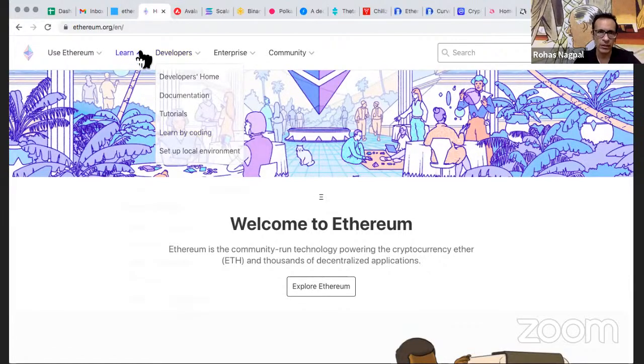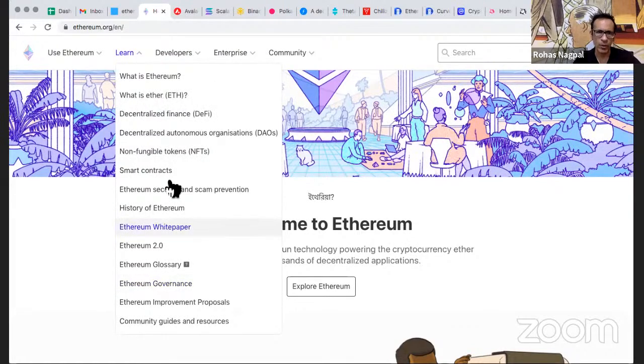They've got a nice learn platform also where you can understand everything about it. It's very important for all of you to know how Ethereum works, because it is still the most popular DeFi platform, and it's probably going to be there for a very long time. So I want all of you to know it, so that whenever you are developing a use case for a client, you should be able to know which blockchain to use.